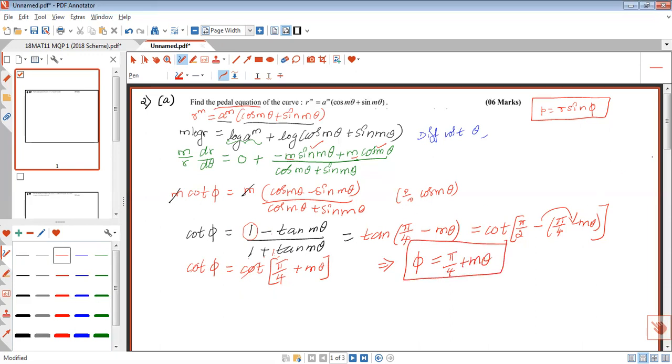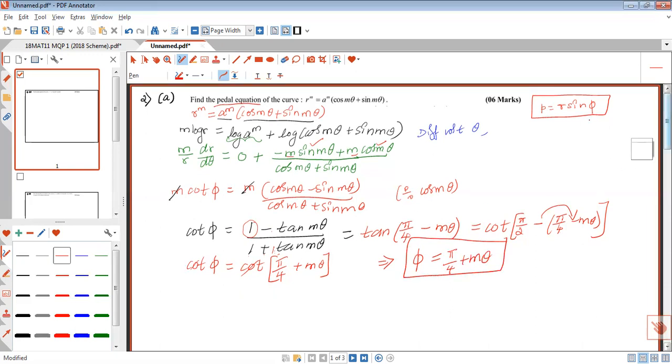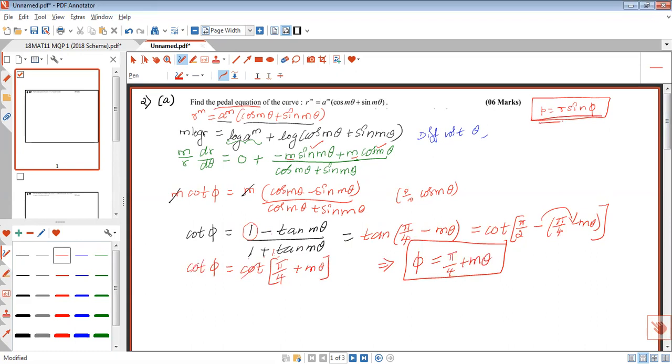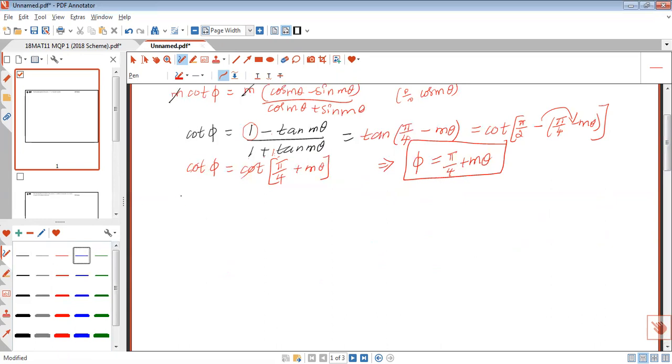Now we know that p is equal to r sin phi is the pedal equation of the polar curve. So pedal equation is p is equal to r sin phi.